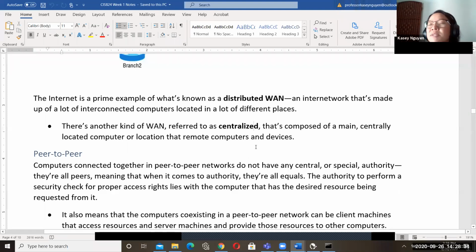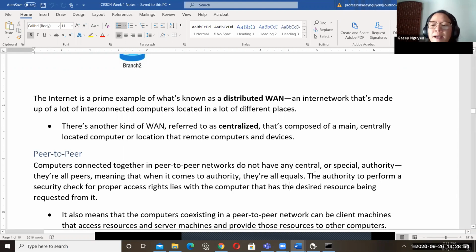The WAN is sometimes referred to as centralized, meaning it's composed of some form of central or connected systems and devices. Ultimately you have the LAN, and then the LAN connected to another LAN and so forth.